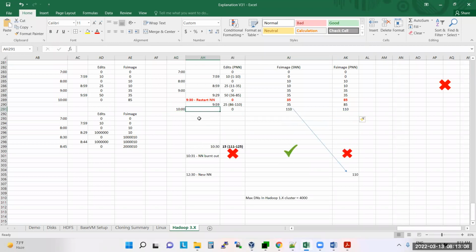So at 10 o'clock, now let's say the time is 10:30, or 10:29. I have 10 more, which means 110 to 120. This is 110. Now at 10:30, a manual checkpoint.